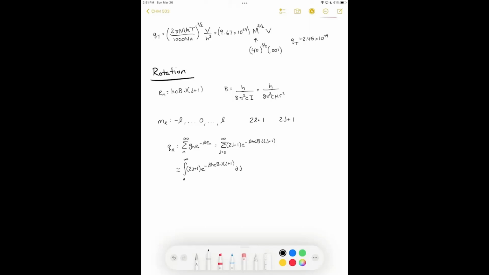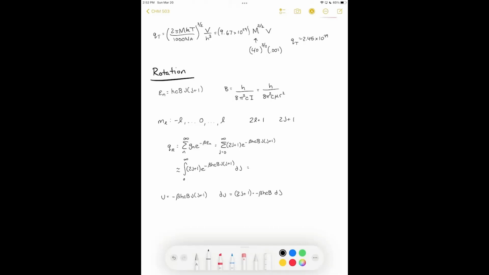We can use a u substitution here. To do so, we'll recognize that this out here is going to be the J dependence of the derivative of this term in here. So what we can do is set u equal to minus beta HCB times J(J plus 1), and that makes du with respect to J simply going to be (2J plus 1) times negative beta HCB, dJ. And here we have this 2J plus 1.